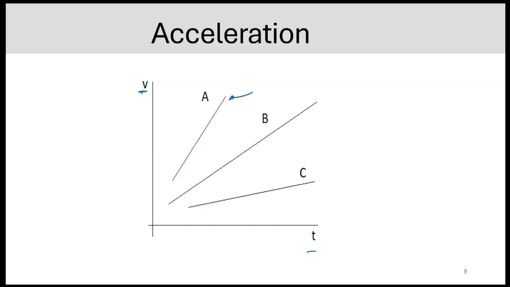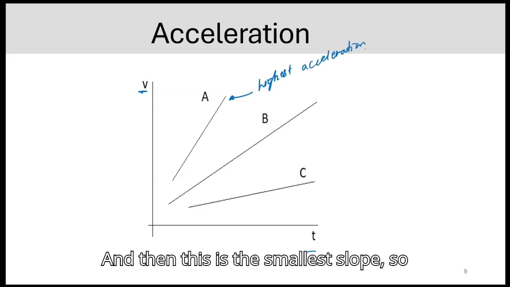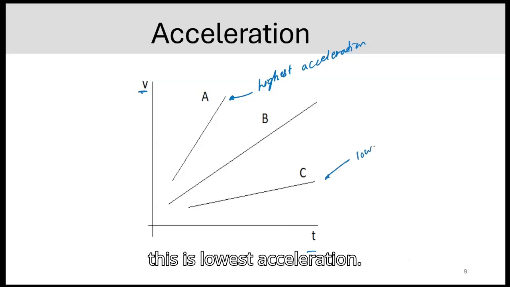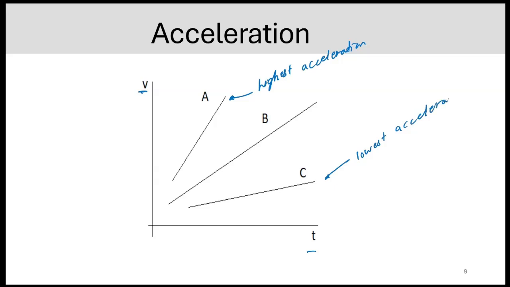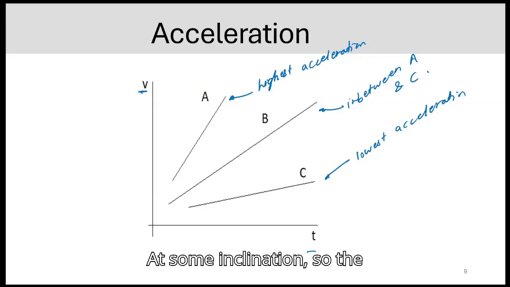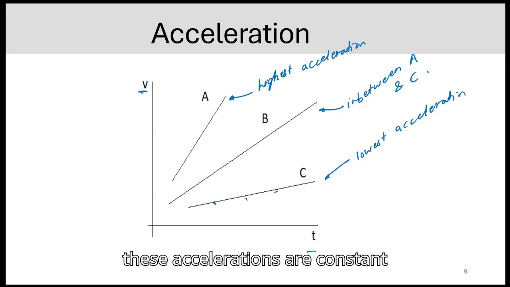So this is the steepest slope of the curve, so this is the highest acceleration, and then this is the smallest slope, so this is the lowest acceleration, and this is in between A and C. And again, all these three curves are straight lines at some inclination, so the slope is the same regardless of what point you are taking. So all of these are constant accelerations.